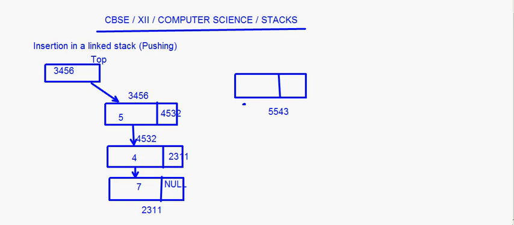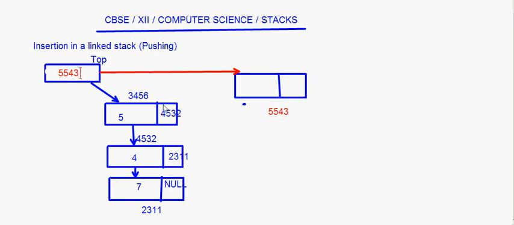Now when we do this, basically what we want is the link from top should come to this place. So what does that mean? That means this address which we have written here, 3456, this address should get modified with the address of the new node, so that is 5543.